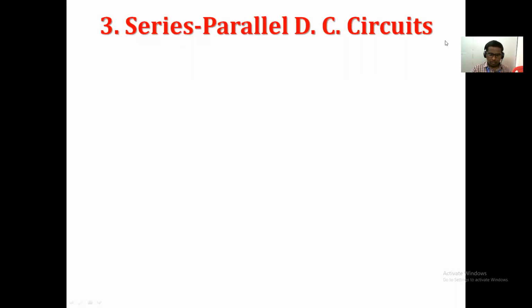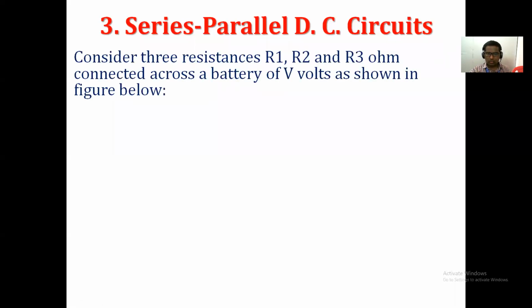Get it, my point? So let's consider three resistances R1, R2, R3 connected across a battery of V volt. Suppose this one is the first resistor and this one is the second resistor.